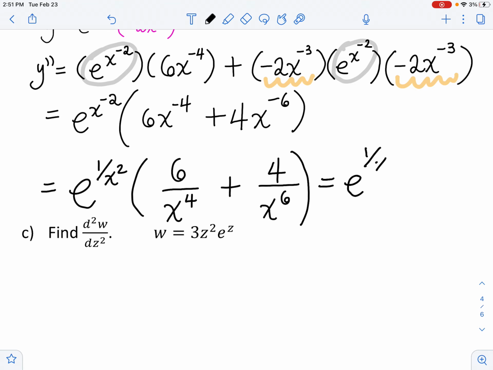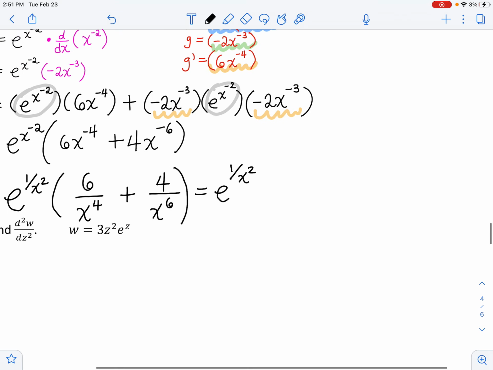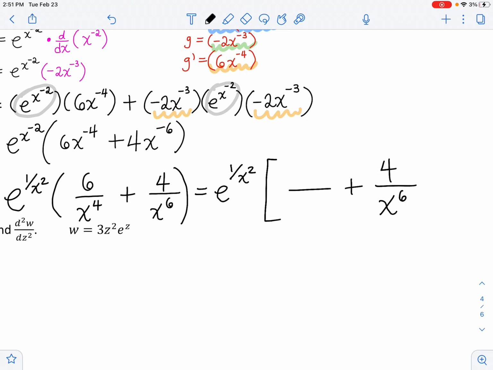Okay. So the first e term stays the same. But if I go ahead and write down the common factor, you see the second fraction had x to the 6th power. So what I will need to do is I will multiply the top and bottom of the first fraction by x squared. Why am I doing that?